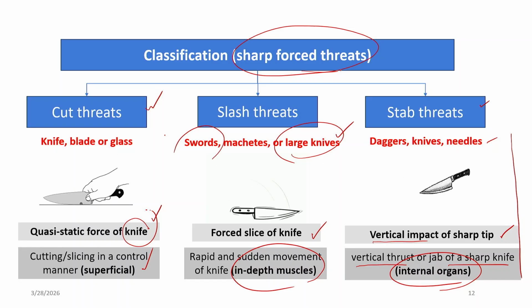As their mechanisms are different, we have to first understand the mechanisms, then design our clothing accordingly. A cloth may be good for cut threat, but it may fail against slash or stab type threats. We will try to understand this in detail, and first we will concentrate in this section on the cut related threat.